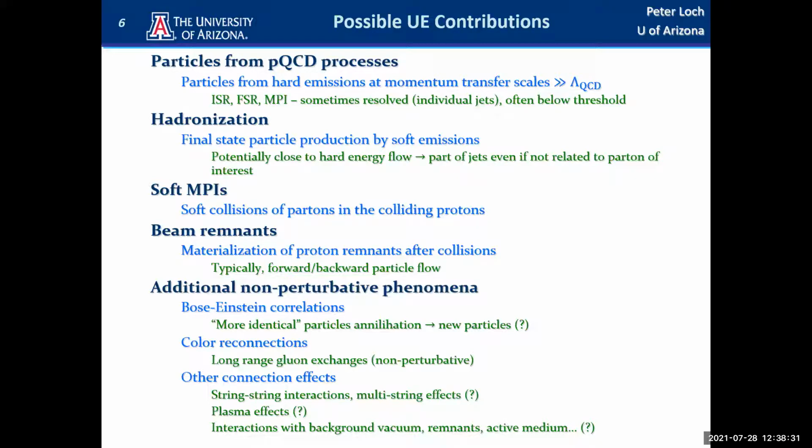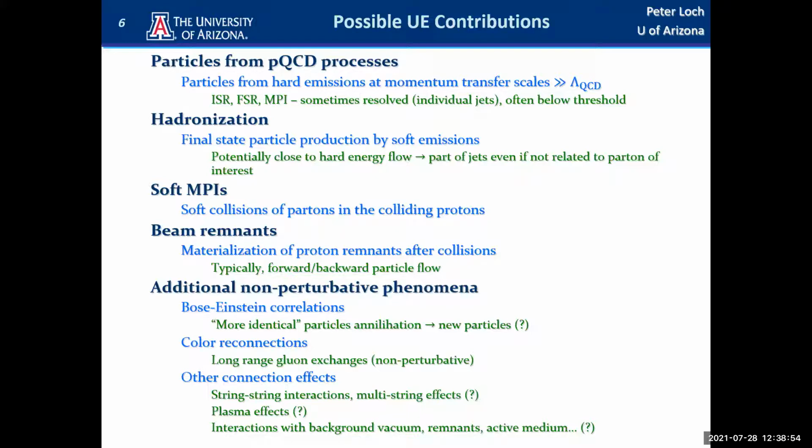Okay. So the particles from the hard scatter process can be part of the underlying event if they are hard emissions in the context of initial or final state radiation, or part of the multi-parton interactions. These are sometimes resolved in individual jets.